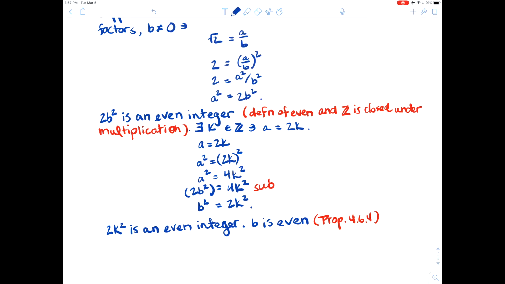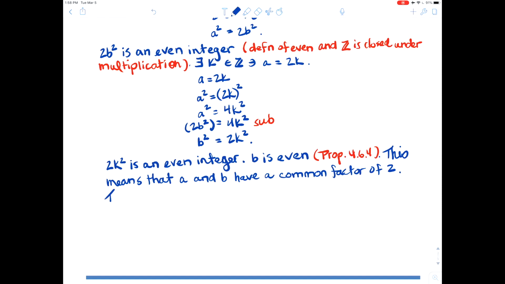And what does that mean? Well, this means that a and b have a common factor of 2, right? If they're both even. This contradicts our supposition, right?